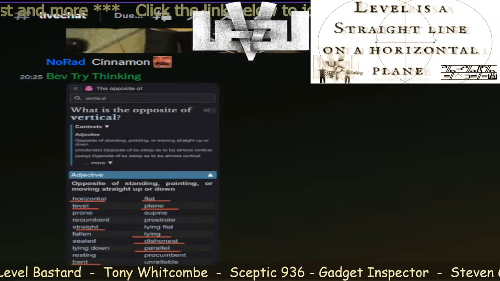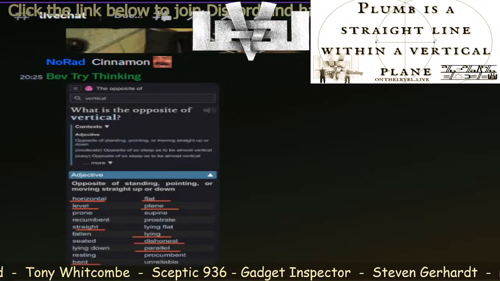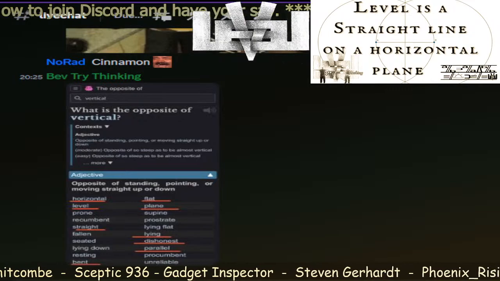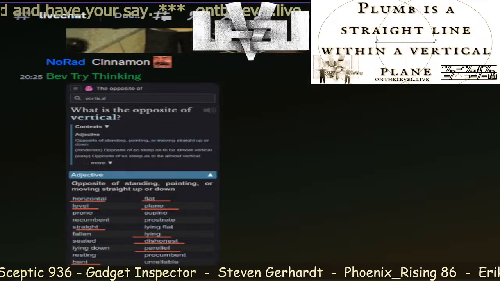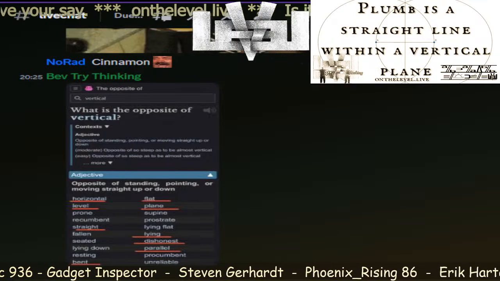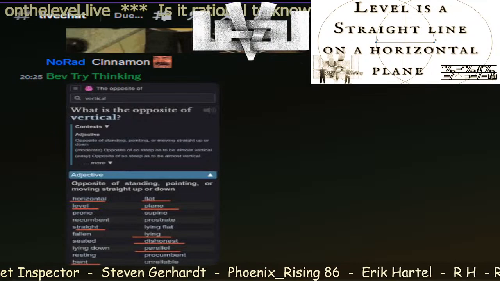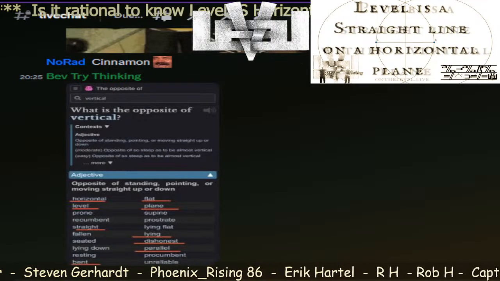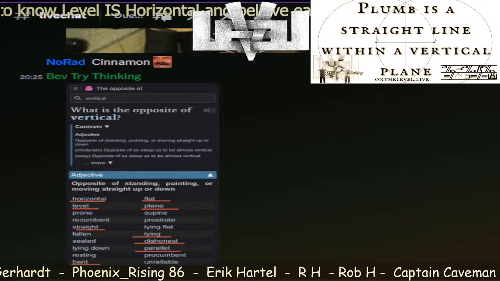And some of these things, remembering this is modern day discussion, this is what it's all about. You're talking with people about things. These are the opposite of vertical. Now, I've underlined a few. What do you reckon to that list? It says flat is the opposite of vertical.